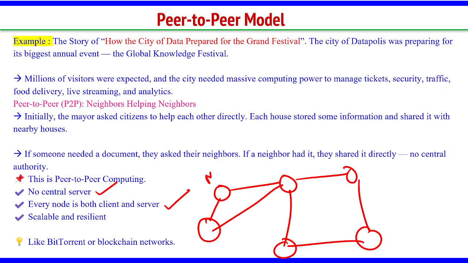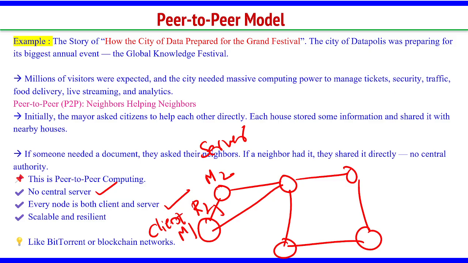This machine, M2, could be a client when it is requesting, and sometimes M2 becomes a server when M1 is requesting. M1 is sending a request to M2. R1 is the request number. So, M2 is acting as a server and M1 is acting as a client.